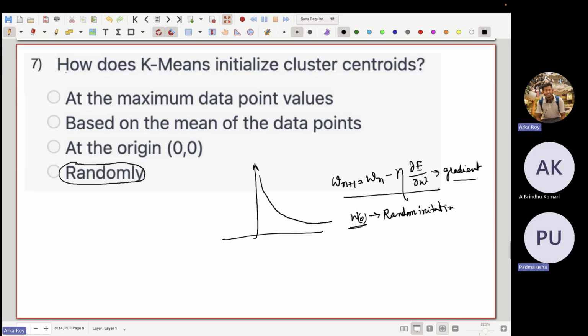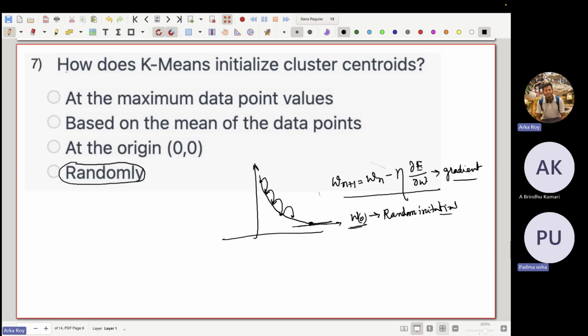Then, as we are solving this through a computer algorithm, we put some eta value, and step by step we try to reach the local minima or the global minima.